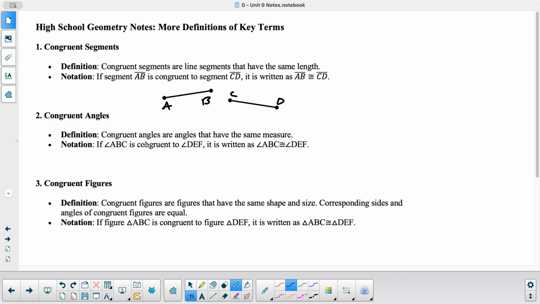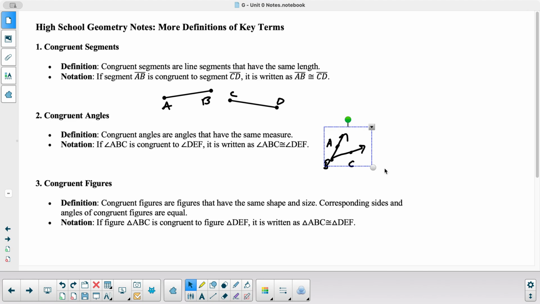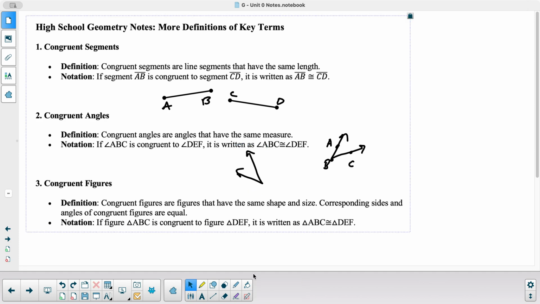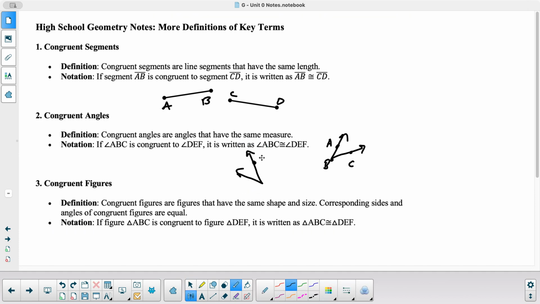Okay. Congruent angles are angles that have the same measure. So, if I drew this angle, instead of using the straight line, I'm going to just sketch it there. So this is my angle. Let's say this is A, B, C, like that, like I have right here, angle ABC. If that's the same angle measure, I'm going to clone it, move it over here, maybe turn it a little bit, and we'll call this angle DEF.